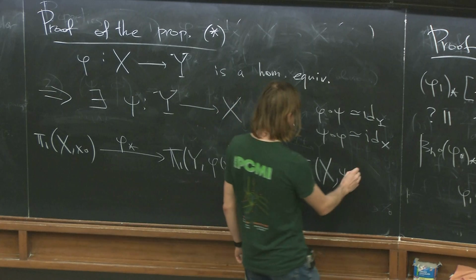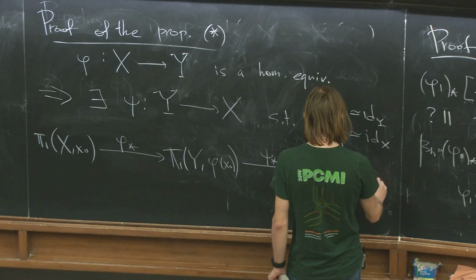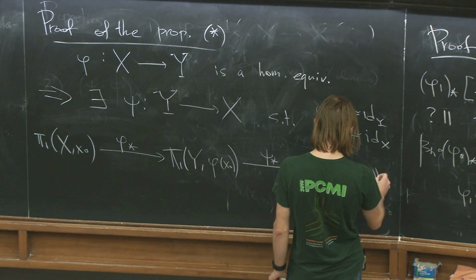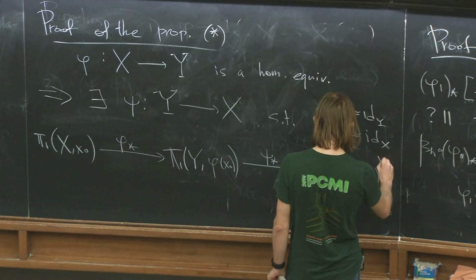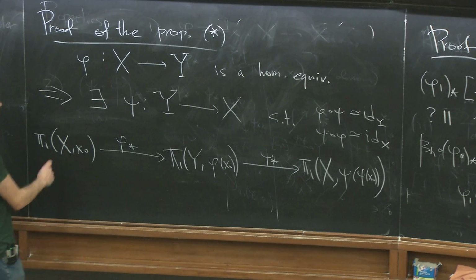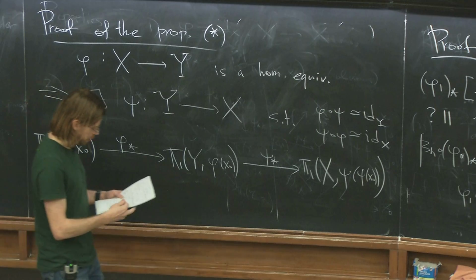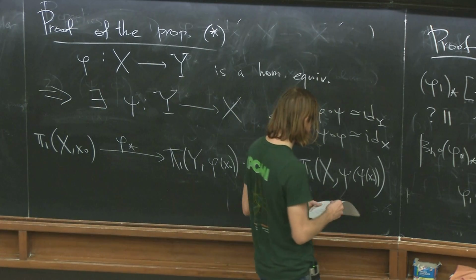So the base point will be psi of phi of x0. So we don't get exactly to the same group. We get to the fundamental group, but with a different base point.